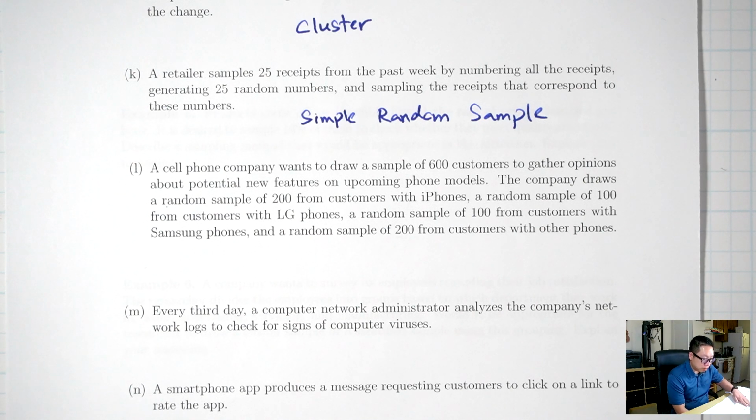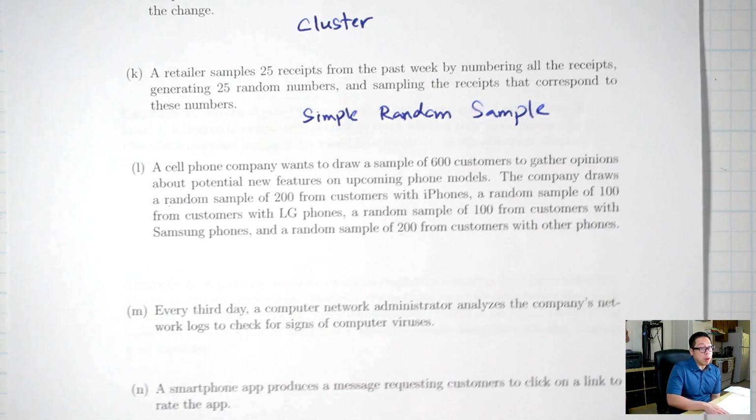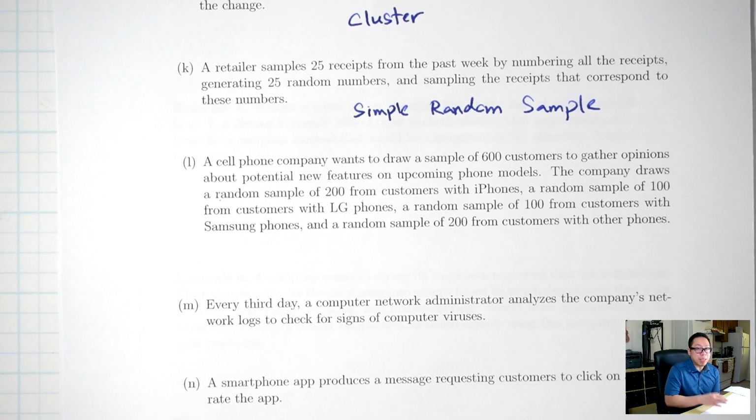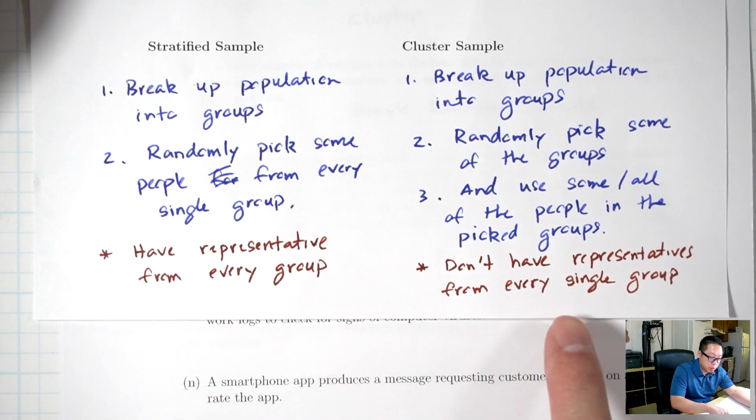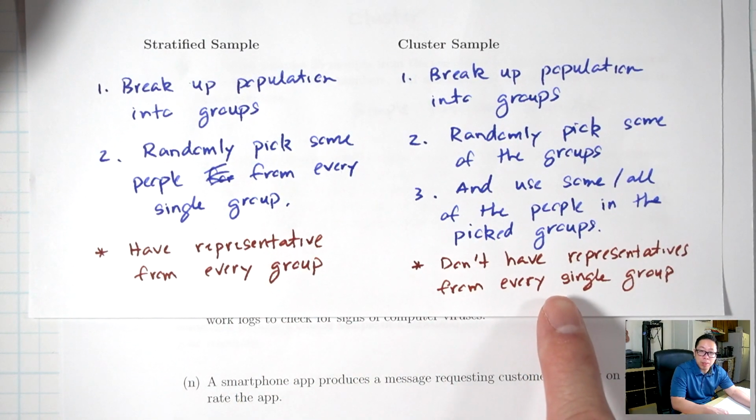Okay, we're picking people. Are these people grouped somehow? Yes, they are. They're grouped by the type of phones that they have. And now the question is, do we have representatives from every single group, or do we not?